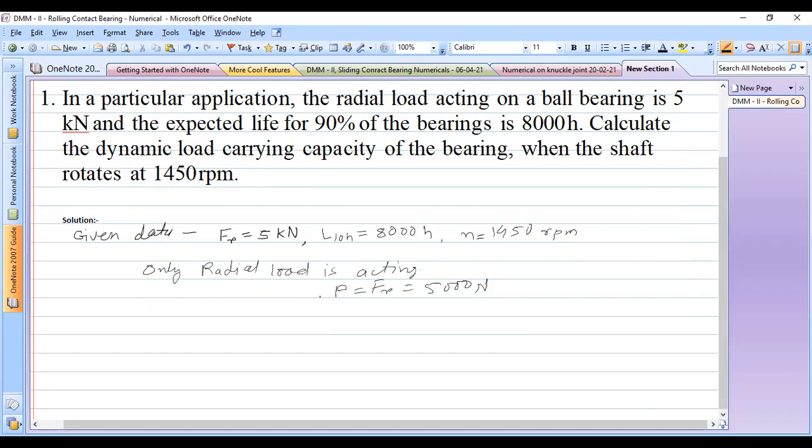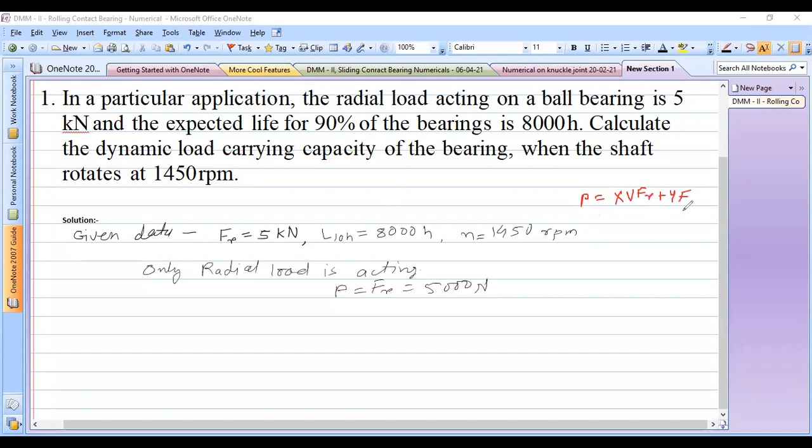I wrote P is equal to Fr, because what is our formula for equivalent radial load? We have the formula for equivalent radial load, that is P is equal to X V Fr plus Y Fa.